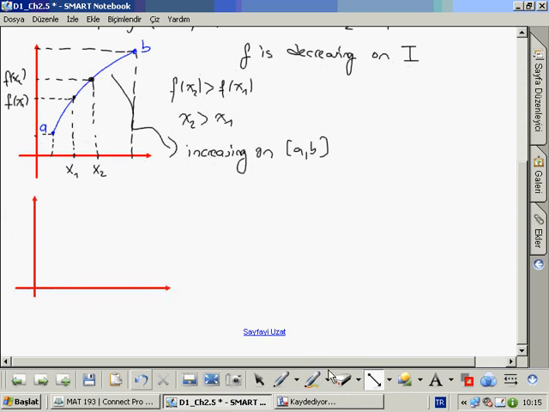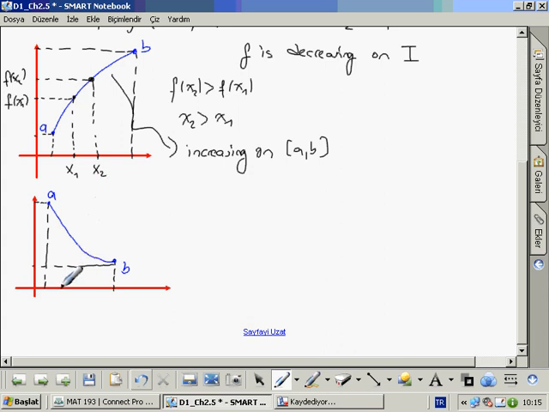This is for part B, and now maybe this is point A and this is point B. What can we say?